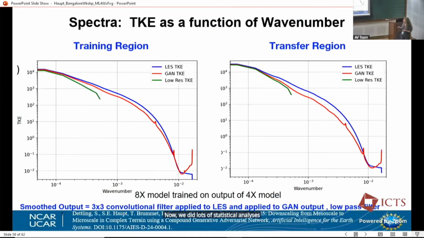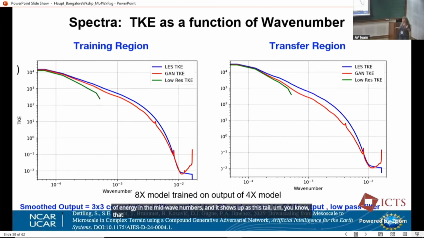Now, we did lots of statistical analyses. My favorite one here is looking at energy spectra. The original LES spectra is blue. We're comparing to the GAN in red. And given the low resolution, there's a big drop off on the low resolution. So the GAN loses in the training region a little bit of energy in the mid-wave numbers, and it shows up as this tail.